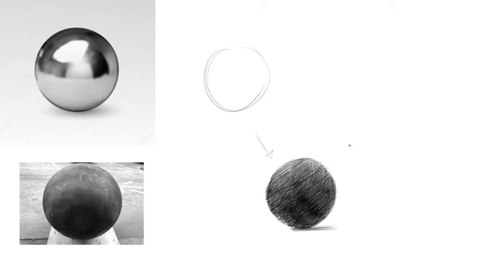The highlight on it is almost non-existent. However, there is a real sense of form. So you go back in with your eraser and try to make really beautiful, smooth transitions.